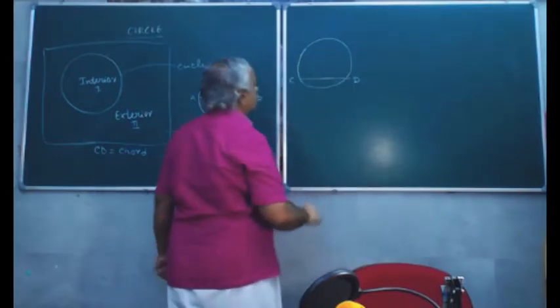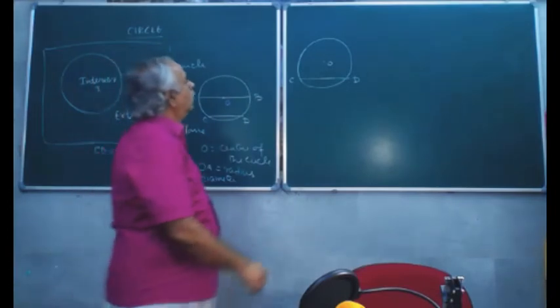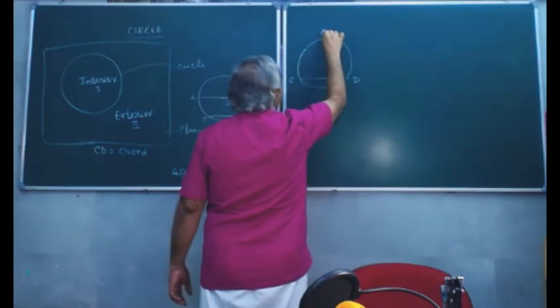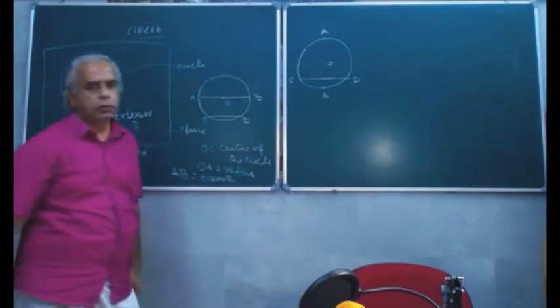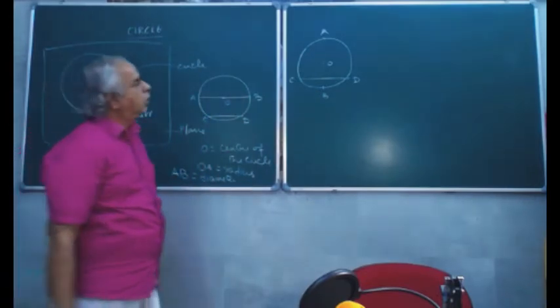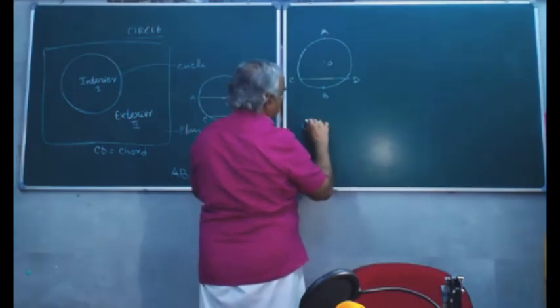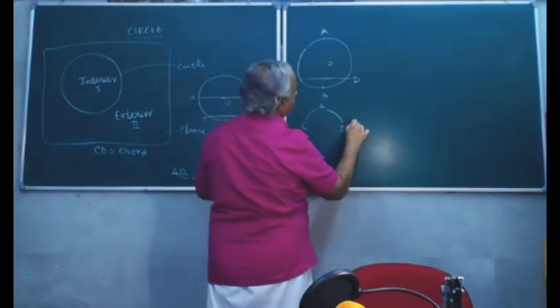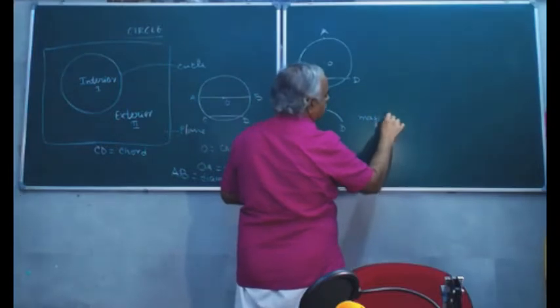This is the center O. Let me consider a point here as A and a point B. Now CAD, that is the major arc. It is called the major arc.